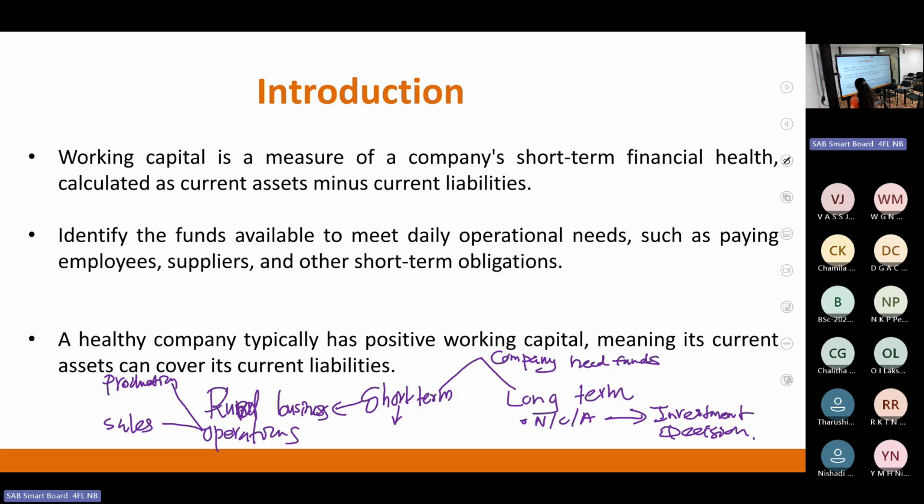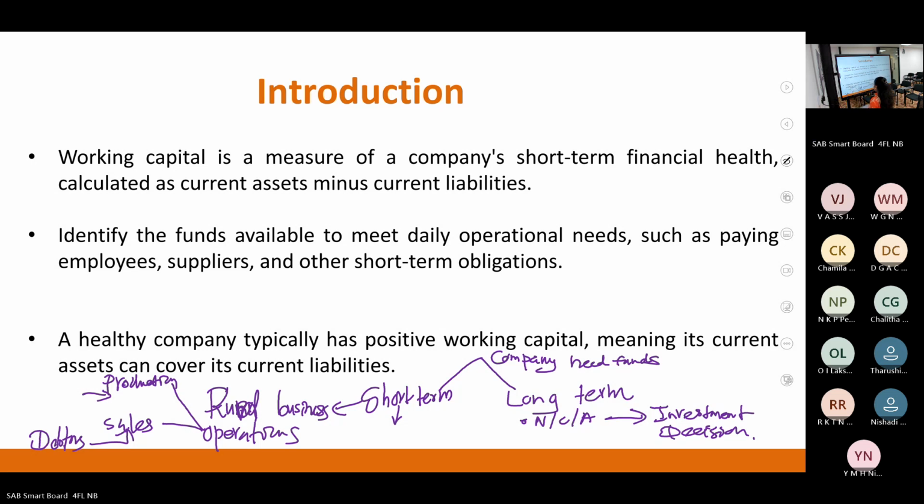If it is sales, you are directly linked with the balance sheet item, which is called debtors. Debtors. And then if it is production, you have to purchase the item. So then it is linked with which one? Can anyone tell me if it is production?